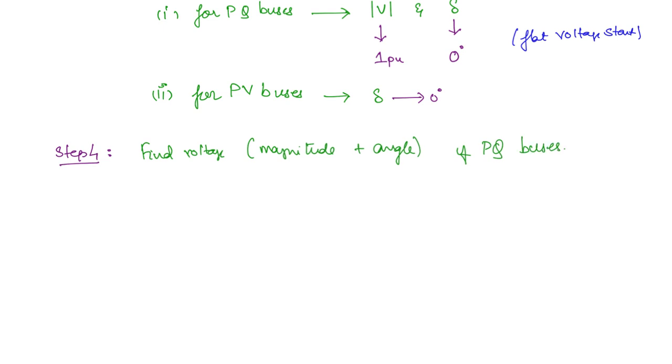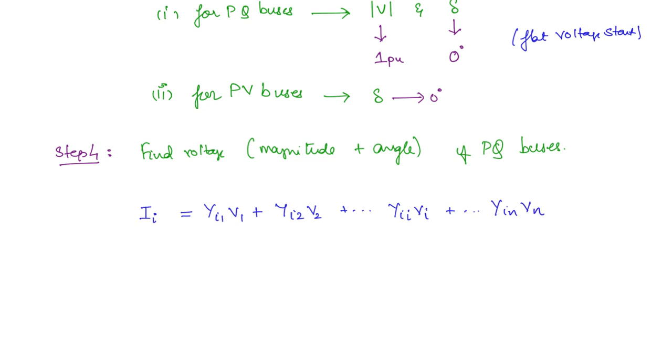How are you going to find this? If you remember the expression for the current injected at the ith bus, it will be equal to Yi1 V1 plus Yi2 V2 plus so on till Yii Vi plus so on till Yin Vn.